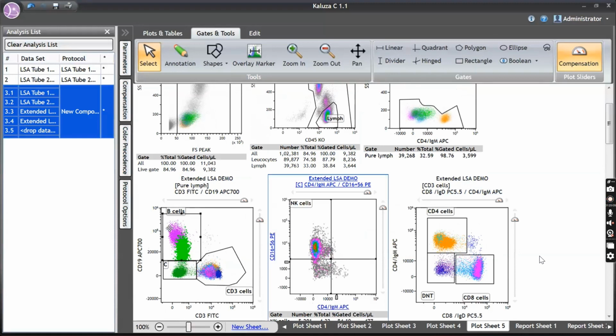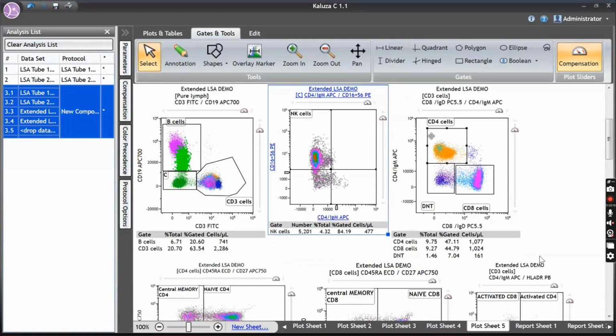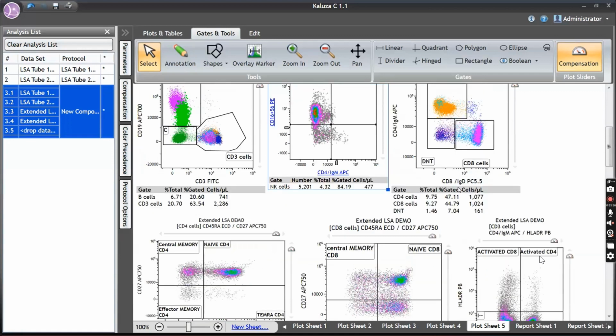Now again, as we saw there, in single tube, now the T cells is gated across CD4 and CD8 to check how much is helper cells and how many are cytotoxic T cells. Once this is done, so the basic lymphocyte subset analysis stops here. Now in extended, now I'm going to still explore these populations, CD4 and CD8. So how do I do?